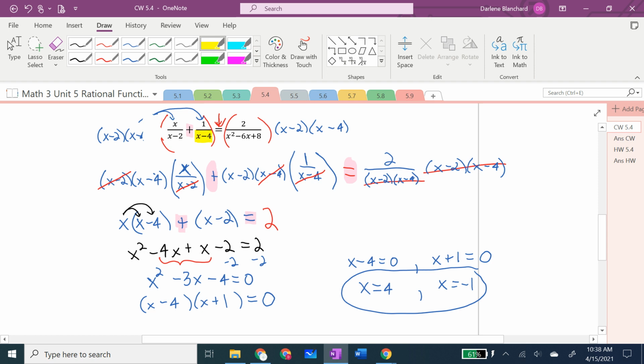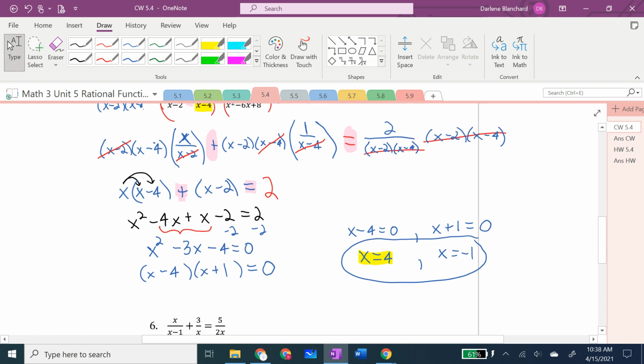Yep. X equals 4 is an extraneous solution. And actually, I'm going to look at that question in chat in just 1 second. So the only solution is x equals negative 1. And then you are done.